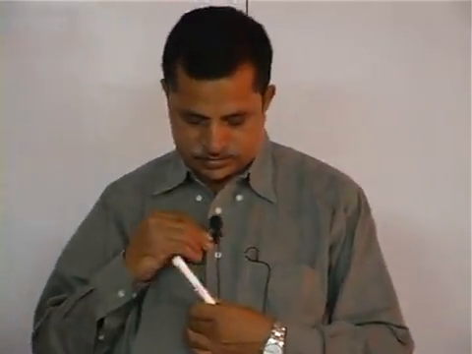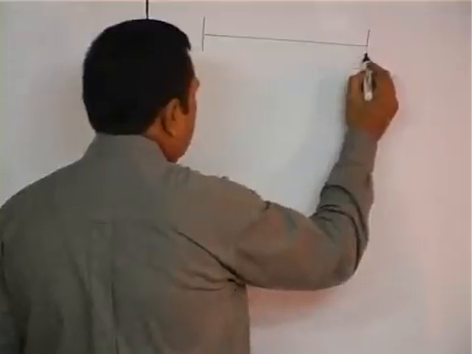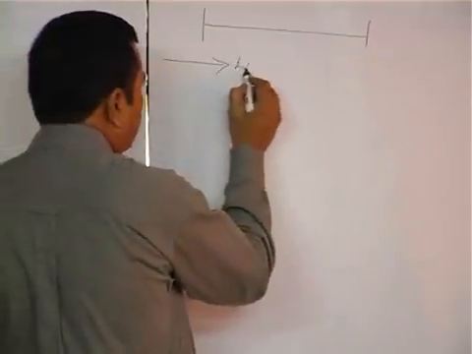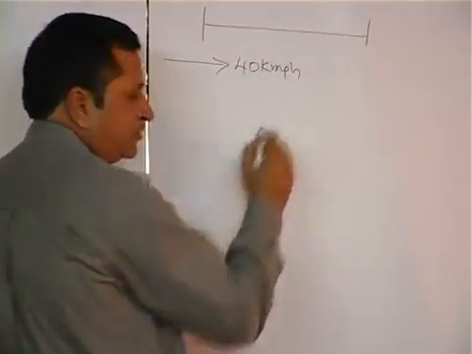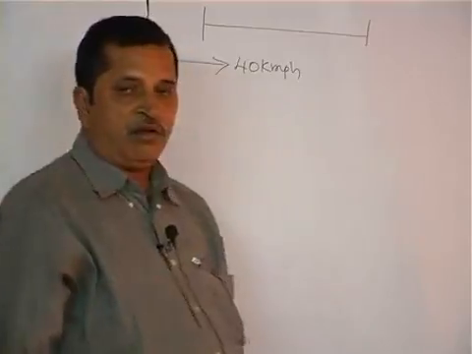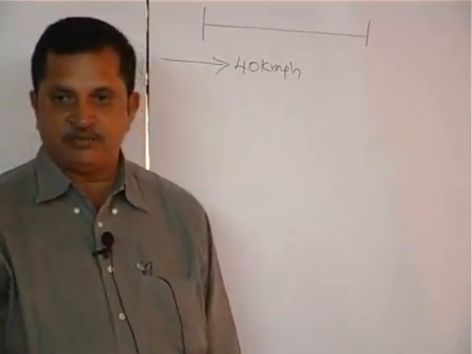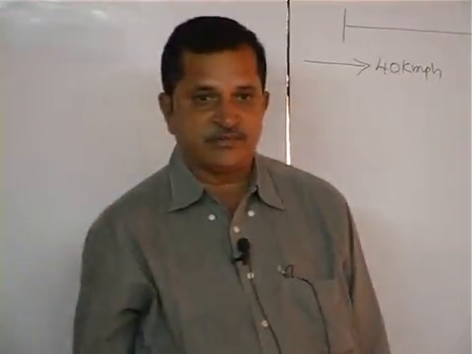See here, a man from his house to the office while going travels with a speed of 40 kmph. While returning home along the same route, I said, means indirectly I am saying that distance is constant.